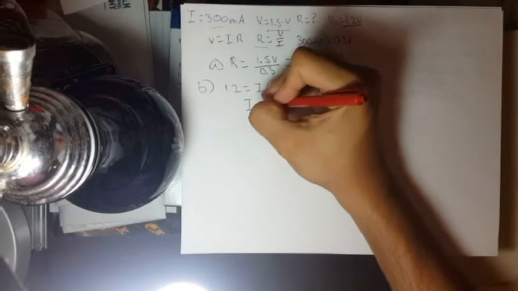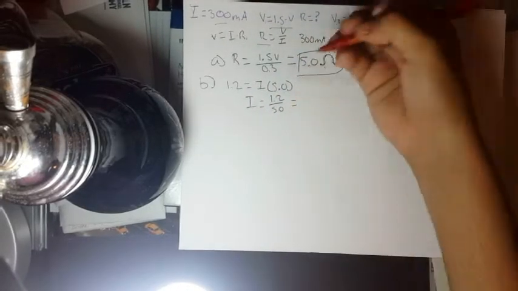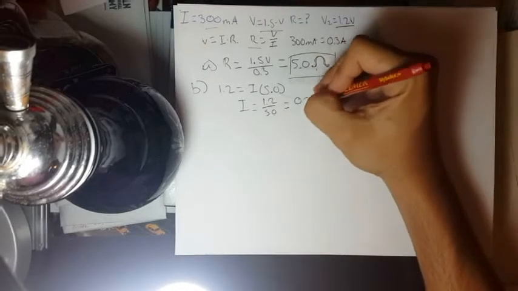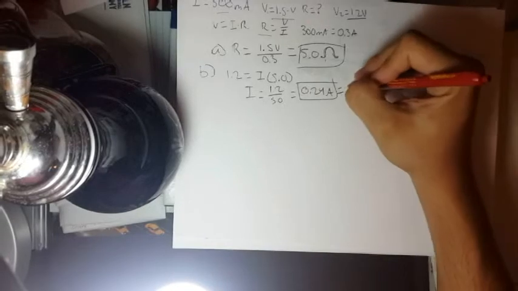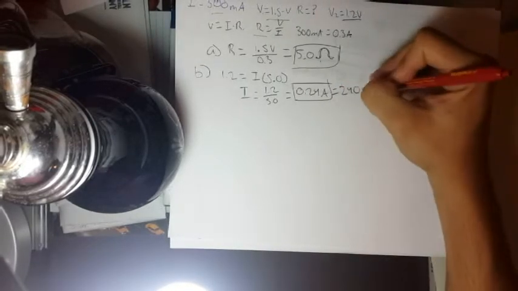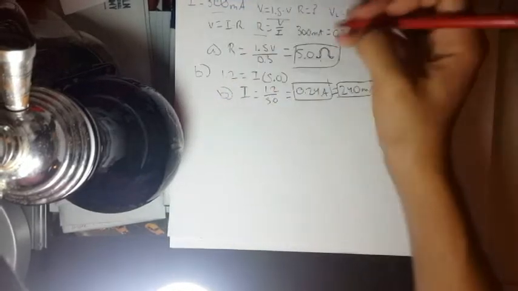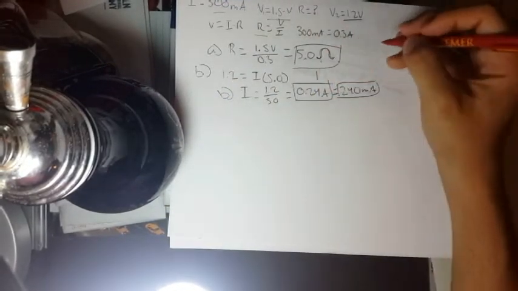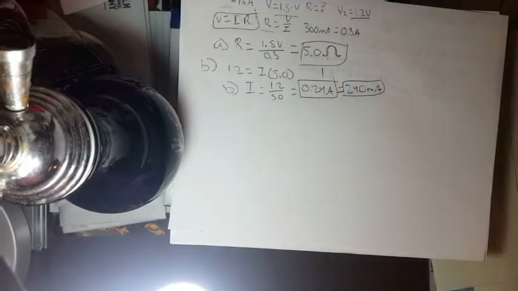Or current is going to be equal to 1.2 over 5.0. It's going to give us 0.24 amperes, or the same thing as saying 240 milliamperes. Either way is right. So you solve this problem just by using Ohm's law, which is voltage equals current times resistance.